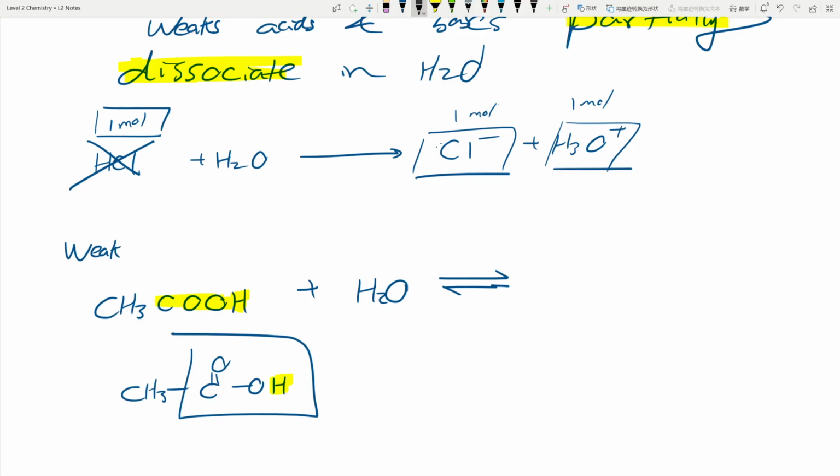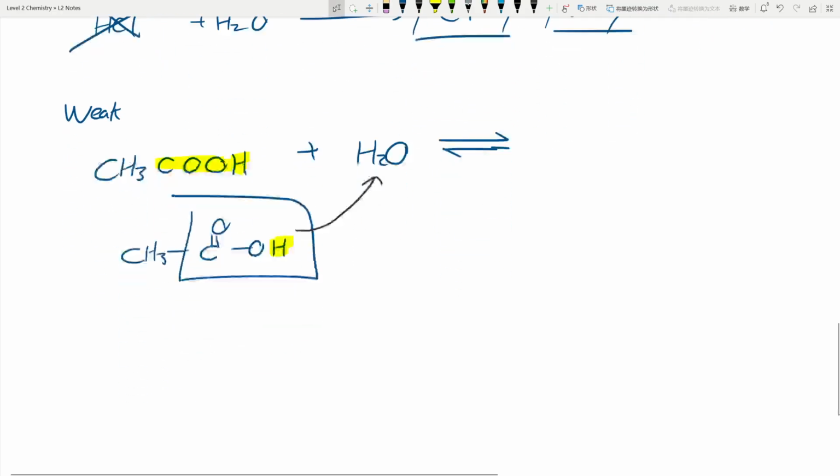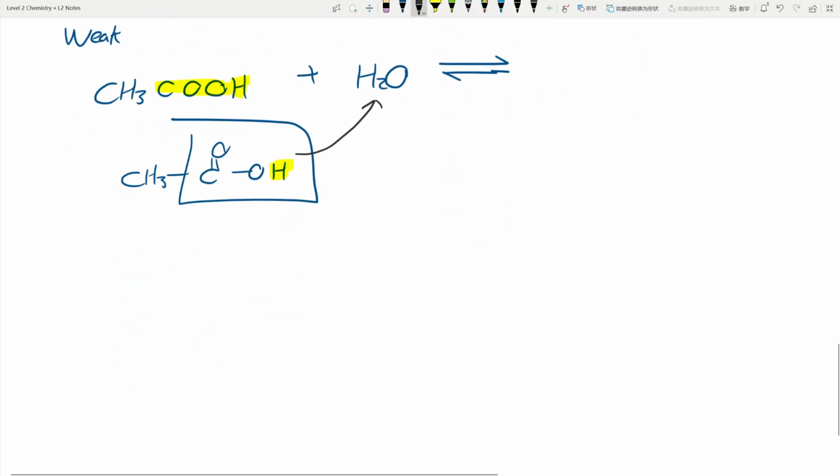In this case it's the H from the COOH that's going to be donated, so this is given to the H2O. So you make CH3COO minus because you lost the H, and you have transferred that to the H3O plus.